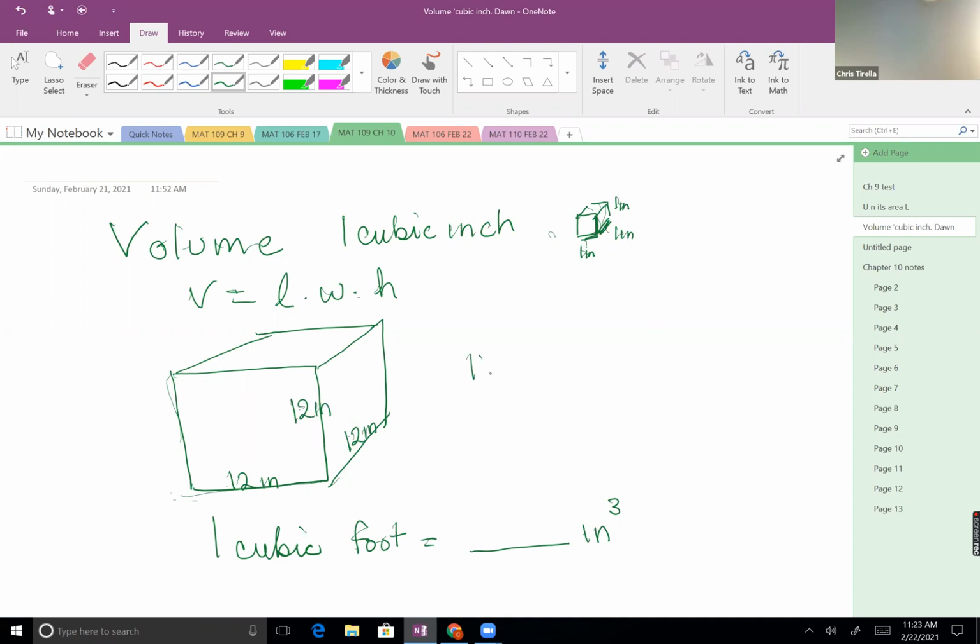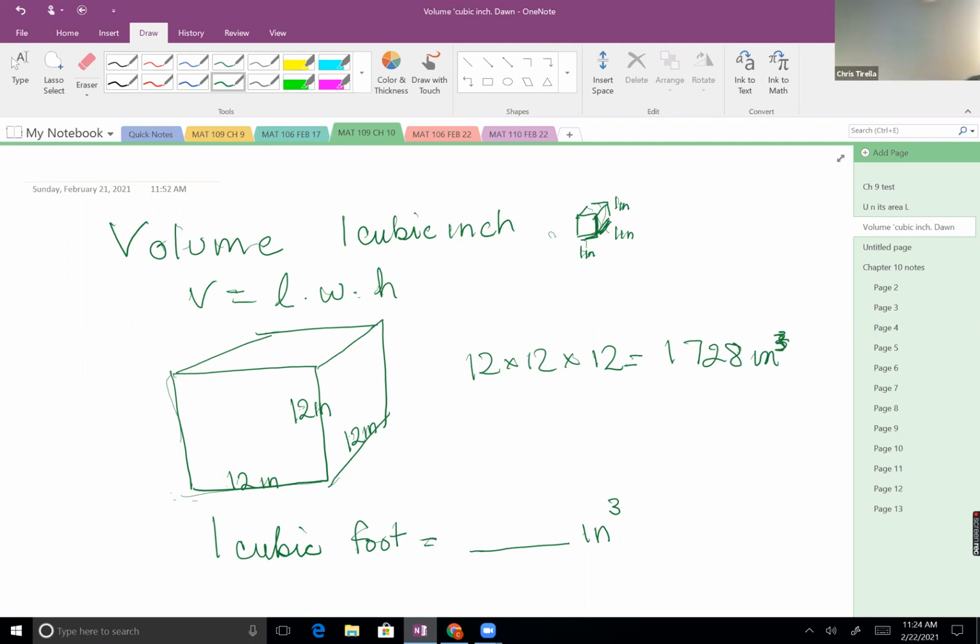So wouldn't that be 12 times 12 times 12, which when we multiply that out, we would get 1,728 cubic inches.